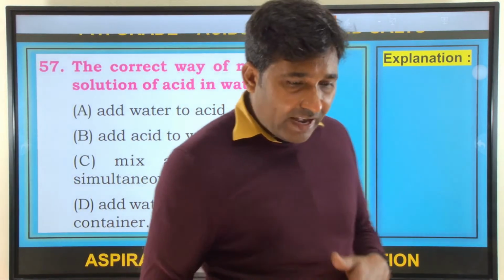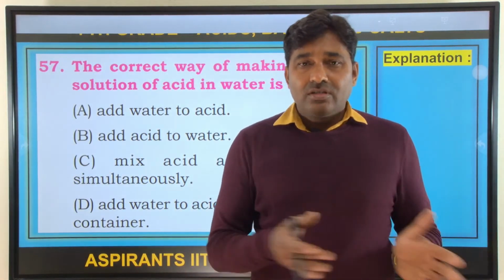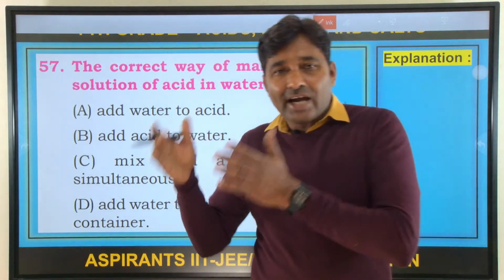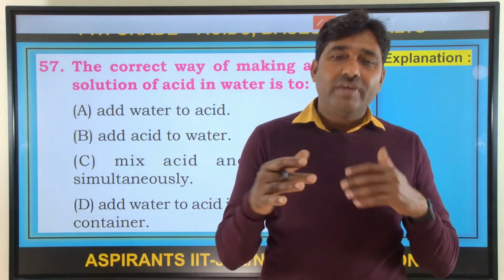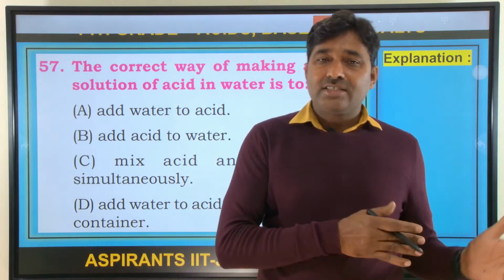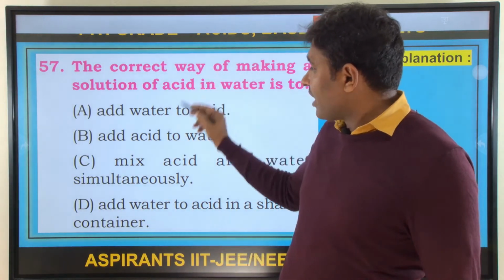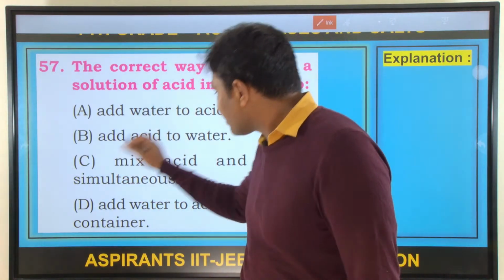While diluting acids, what technique do we need to use? Do we add water to acid or acid to water? In what way do we dilute the acid, that is what is being asked.